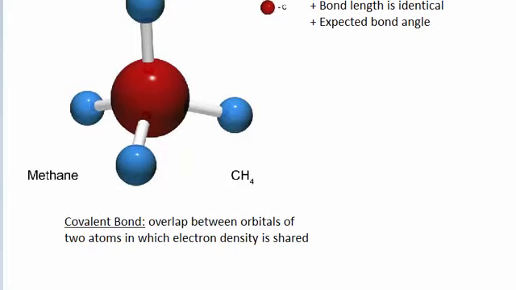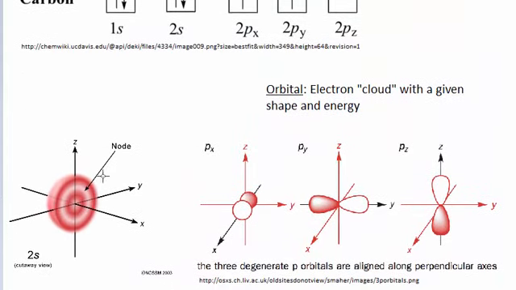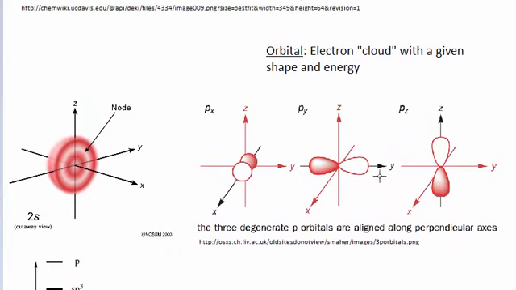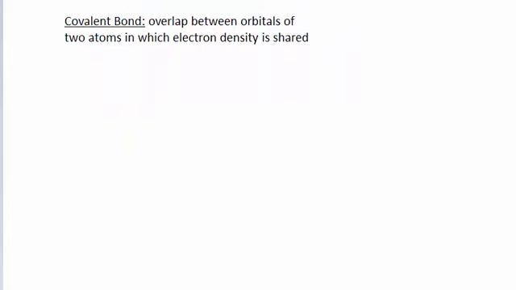What you need to remember is that an orbital is an electron cloud, a probability distribution of where the electron is likely to be found, with a given shape and energy, such as 2s, 2p, in any of these directions. A bond is the overlap of 2 orbitals, and when the orbitals overlap, they share their electron cloud. So the probability density is distributed between those 2 atoms in those orbitals.